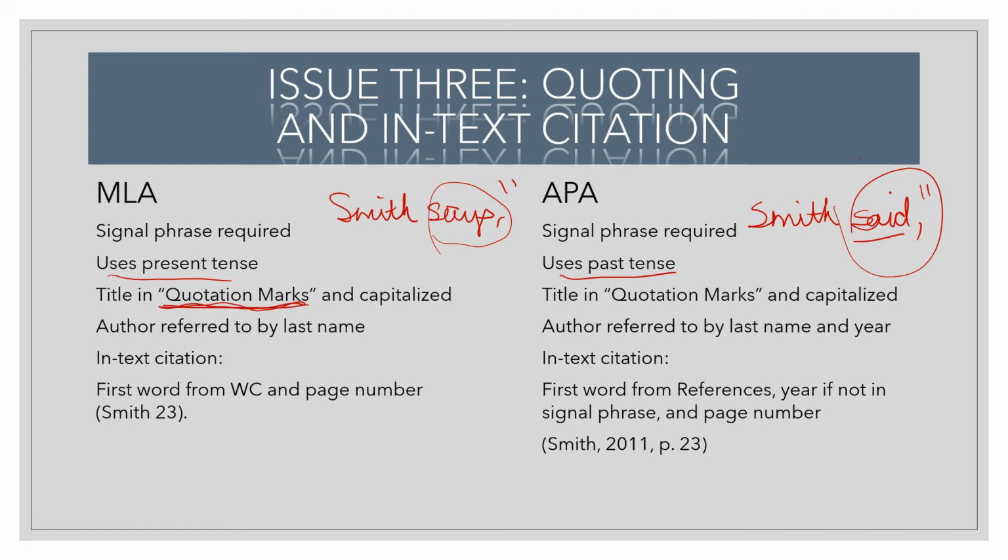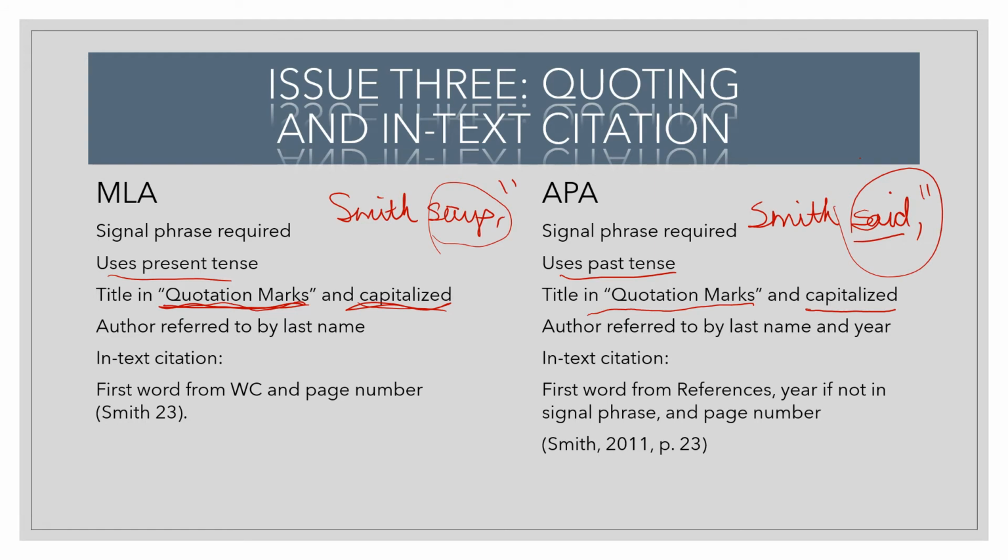That does not change, and it is capitalized, just like it is on the works cited page. However, in APA, in the text of the paper itself, the title has to go in quotation marks, and it has to be capitalized. So what it looks like on your references page in APA is not what the title looks like in the paper itself in APA.